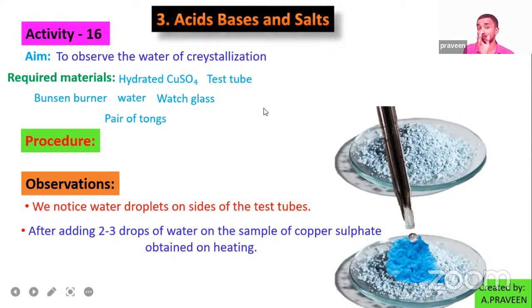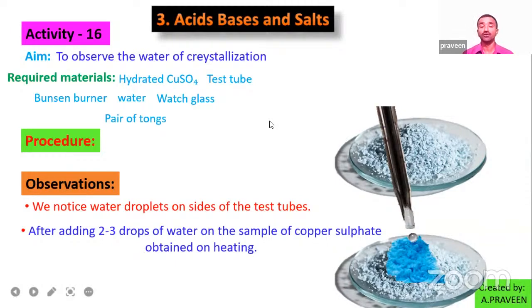So the blue color of copper sulfate salt may be due to the presence of water. In the solid, water is present, and due to that water we observe the color of copper sulfate as blue. If the water is removed, we observe it in white color.